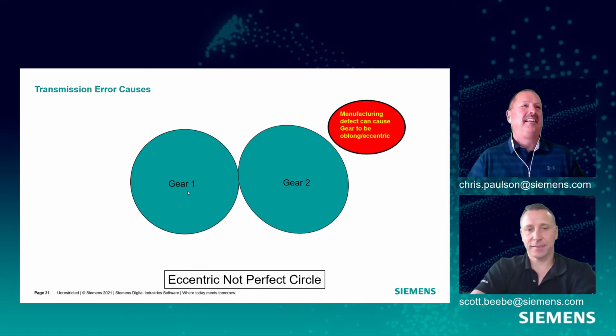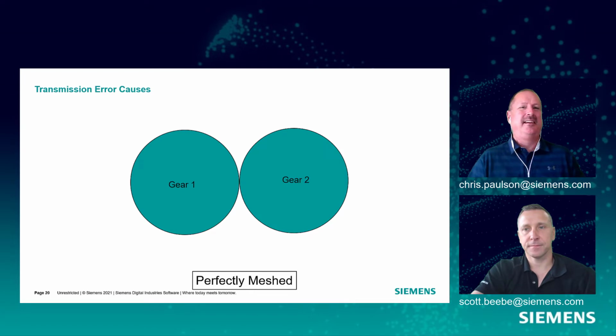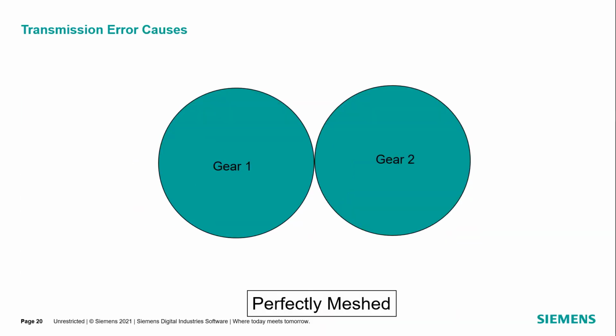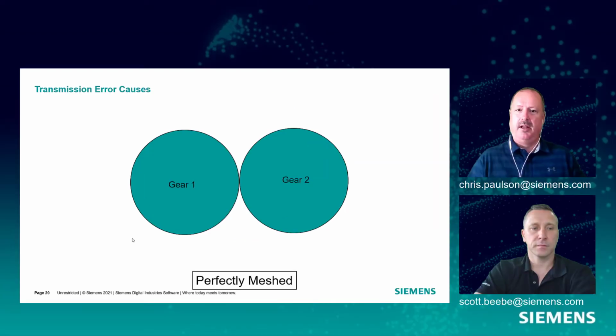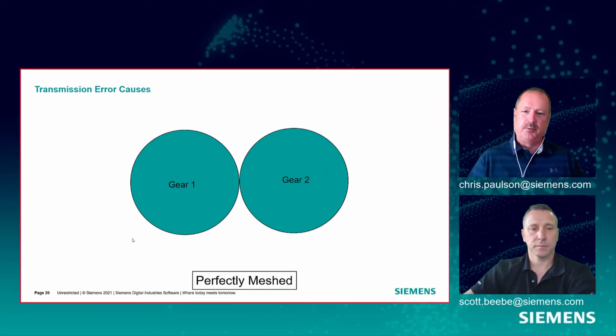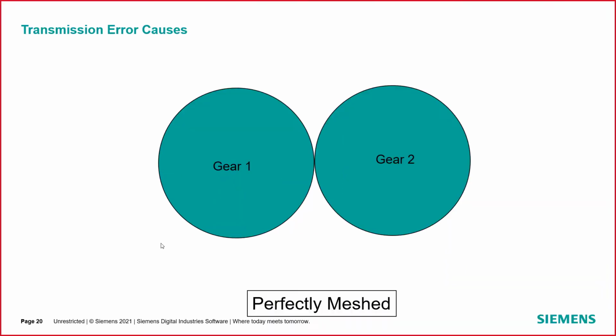Yeah, perfect. So, as Scott said, in this particular case, we've got the ideal case, no manufacturing defects. But let's see what happens when we start to, in the real world, Scott's world, have differences.